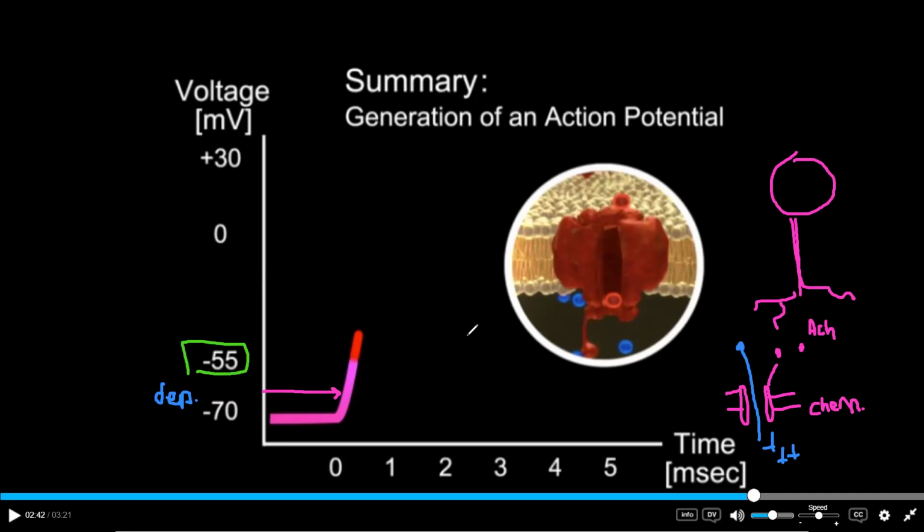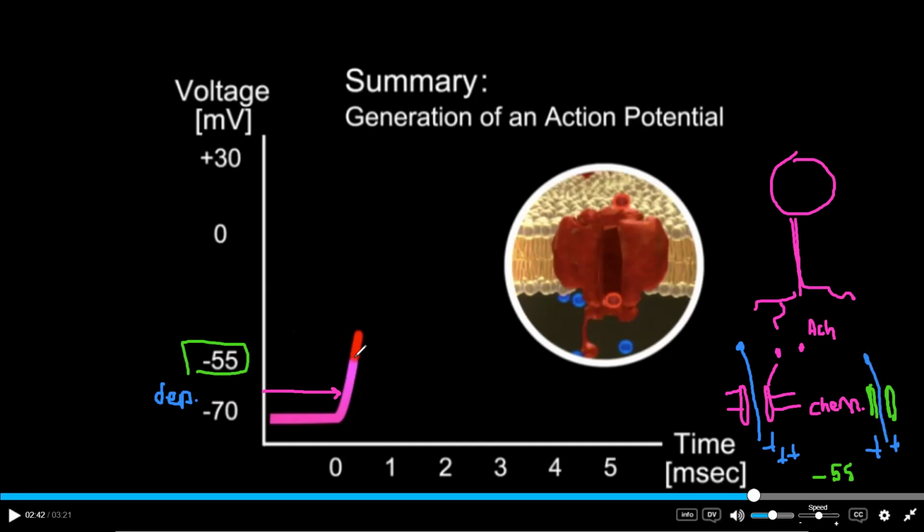The next type of channels that open up are called voltage gated channels for sodium. What causes them to open is that they sense the inside is about minus 55 millivolts now, and when one opens, they all open. When they open, they allow sodium to come into the cell from the outside, and that creates your action potential.